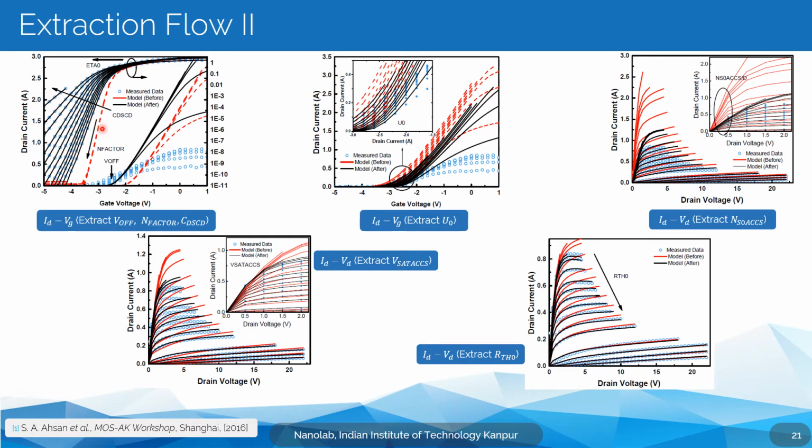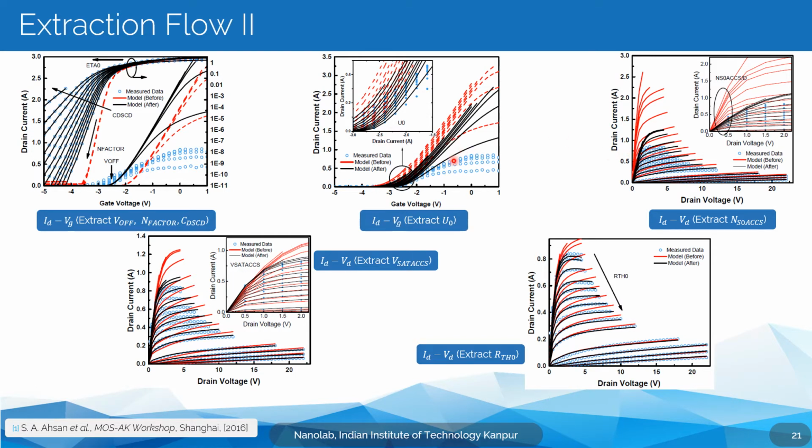There's another parameter called eta naught, which is the DIBL parameter, and this basically gives you the spread in drain current with respect to drain voltage at a given VG. Once we have extracted eta naught, we can refine it in the subsequent stages, by which I mean the linear transfer characteristics and the output characteristics.